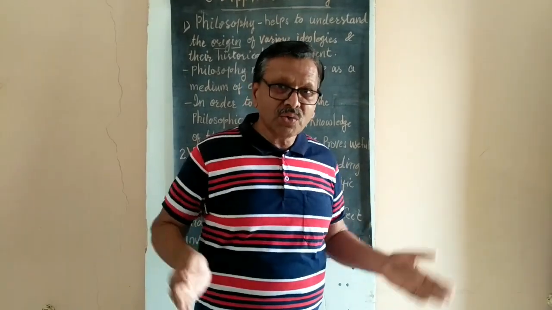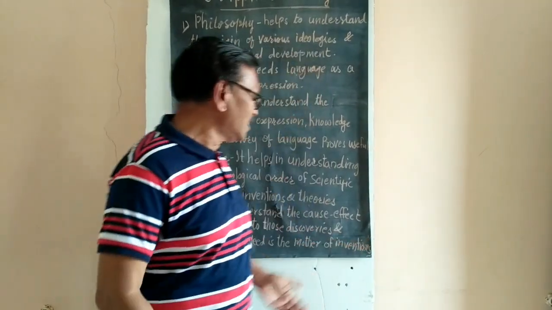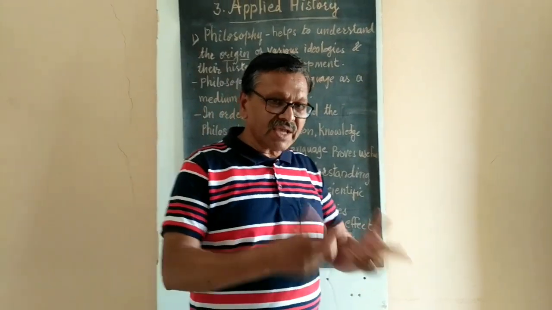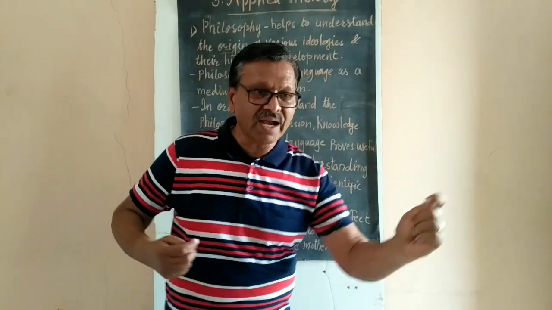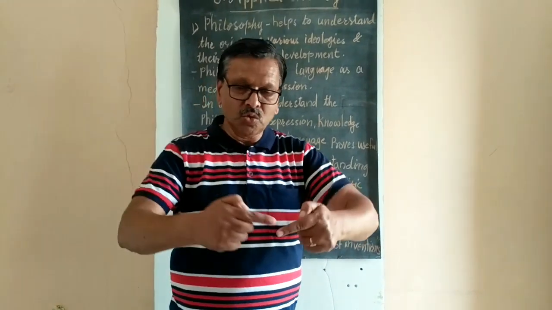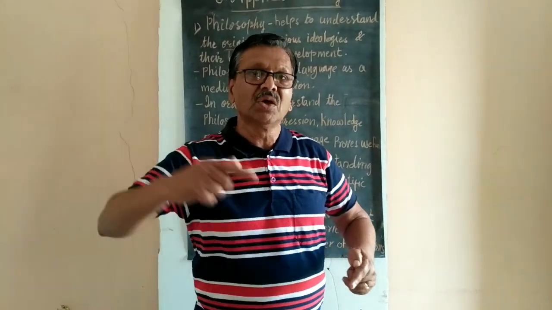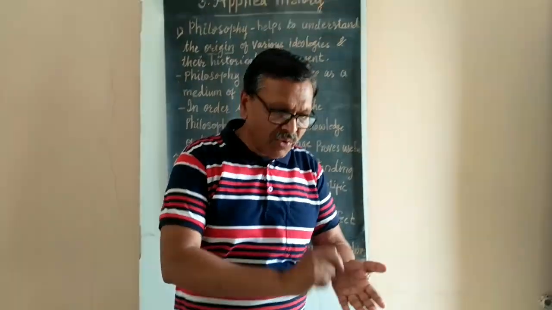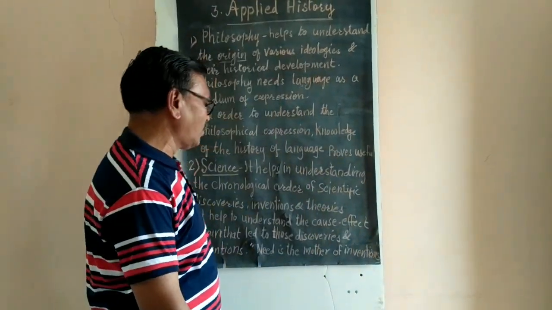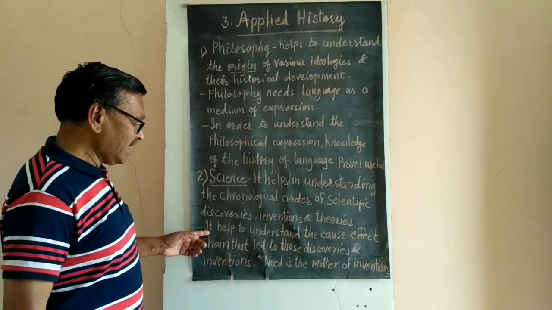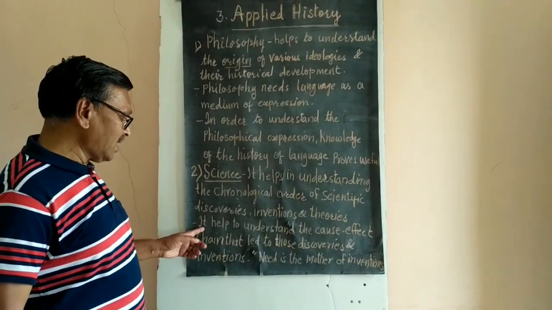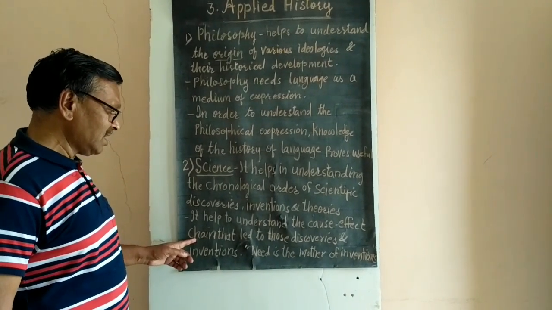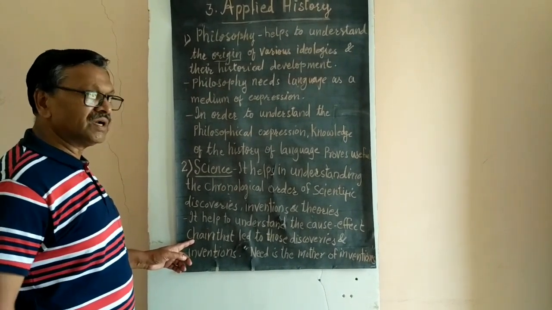So we have to discover something. When we are discovering something, we have to check whether this works, that works, or these two combined together work or not. So several experiments we have to do, and every experiment we have to write down. So it helps to understand the cause-effect chain that leads to those discoveries.